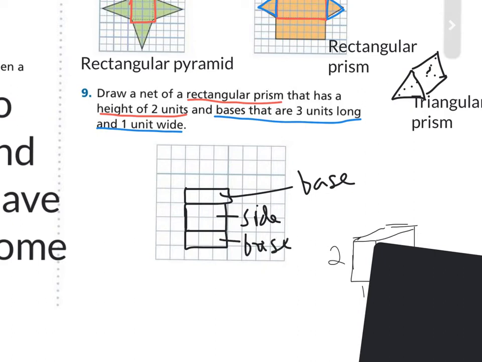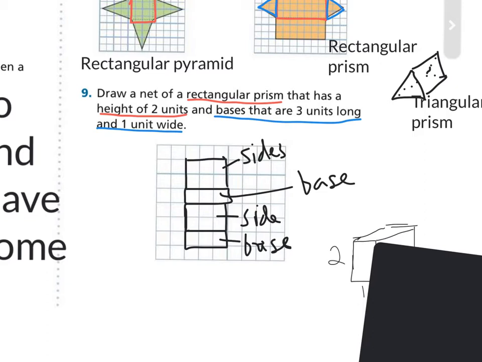If we want to make this kind of a cross shape here, and then we go up, we're going to need another side. That would have a height of 2, so we go up 2 from there. That would be one of the other sides. We know a rectangular prism has 6 faces, so we've got a total of 4 taken care of.